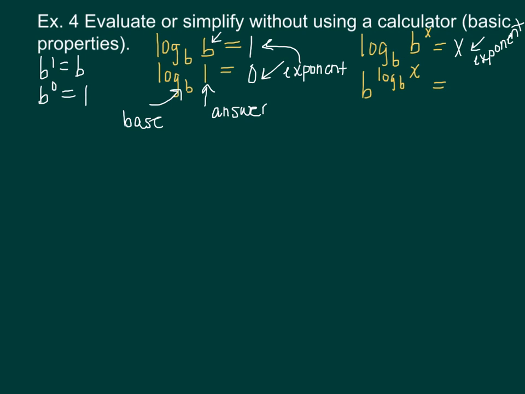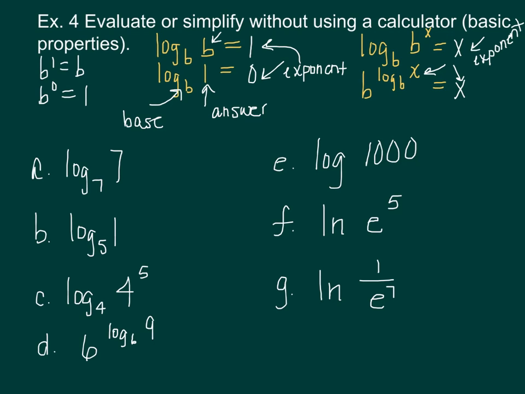And then the last property is when you have base b and you're raising it to the log of the same base, the answer is always whatever this number is. So let's try some to see if we understand our properties.